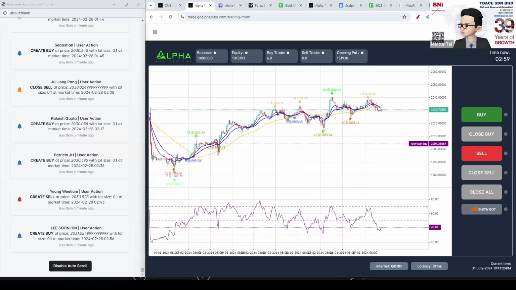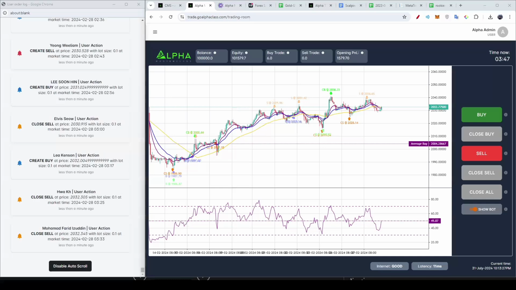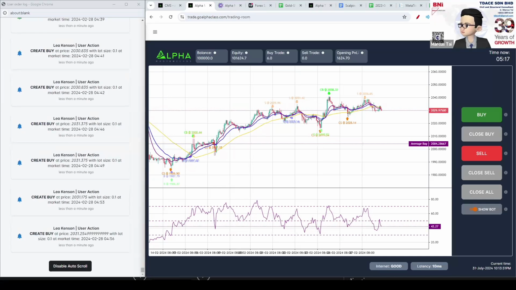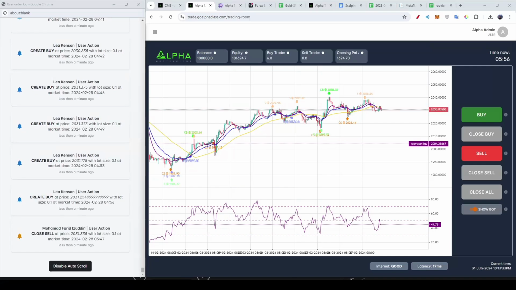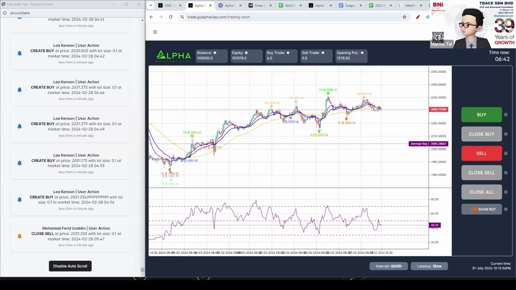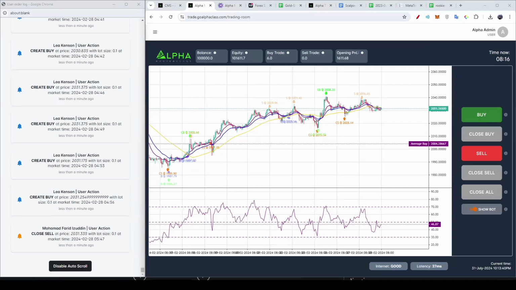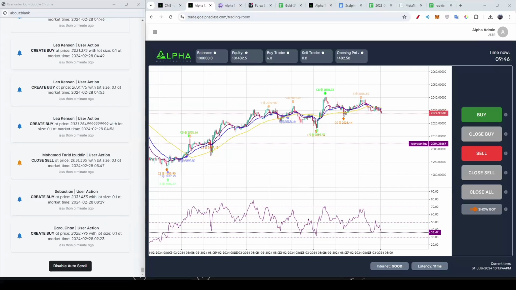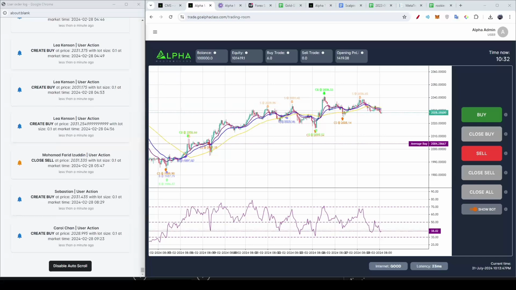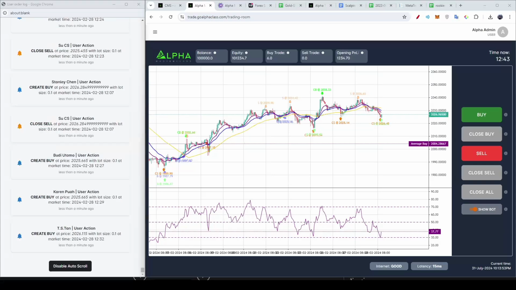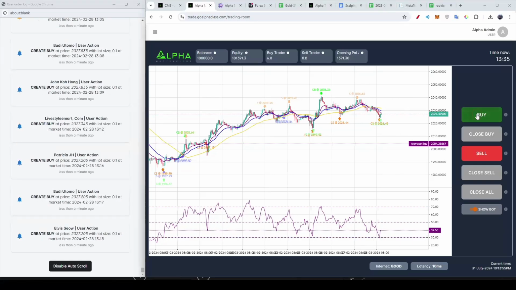Crossing the yellow line, I guess. Should I close or buy? But it's going up. A difficult decision. Okay, it's going to go there. Did it touch 30?